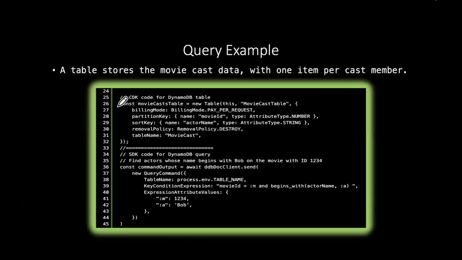If I go back to here, the sort key is actor name, but I can request that a local secondary index be defined in addition for this table, where that index's sort key is something other than actor name. Then I'll be able to run queries using that local secondary index. The partition key part of the local secondary index has to still be movie ID in this case.